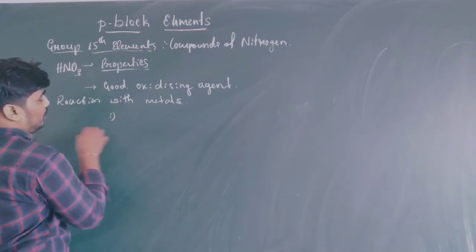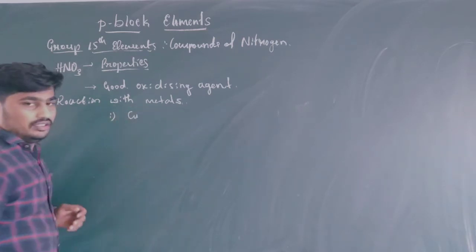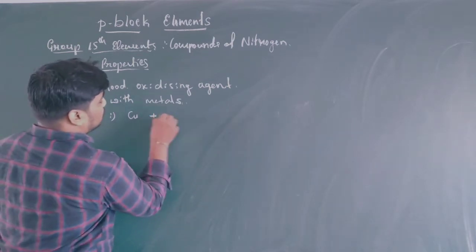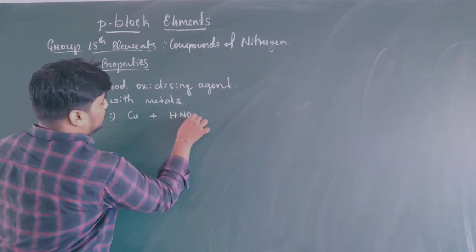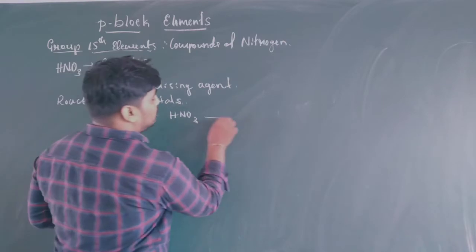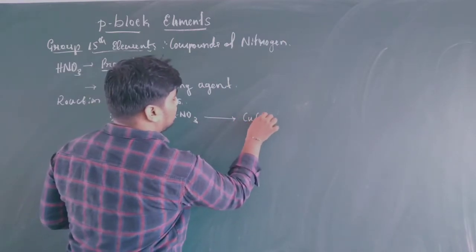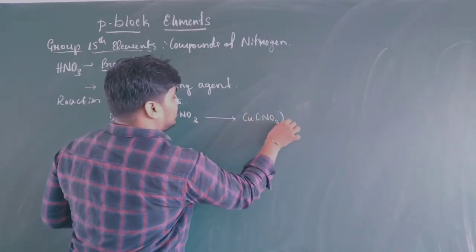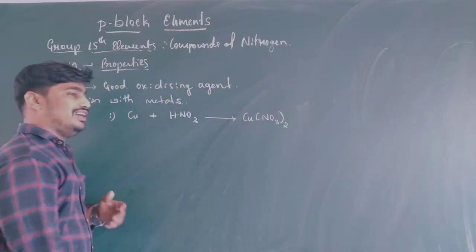Here copper metal reacts with nitric acid. What are the possible products? Yes, copper nitrate is formed.